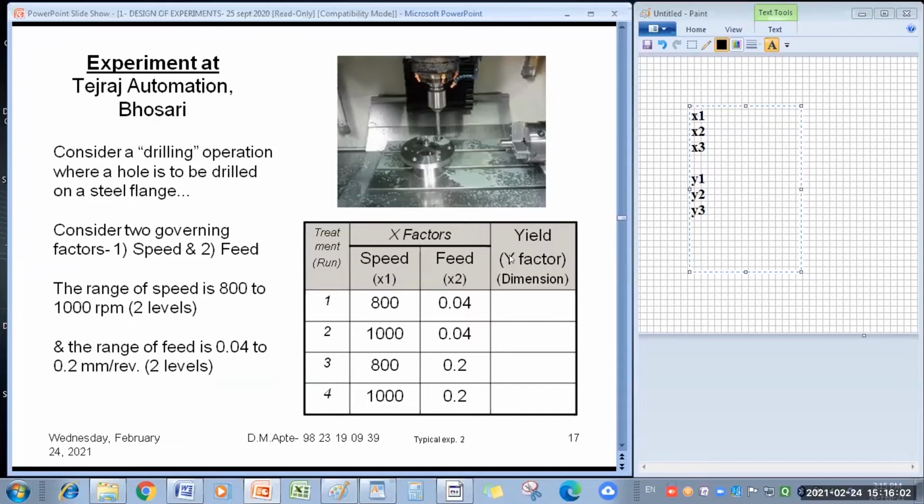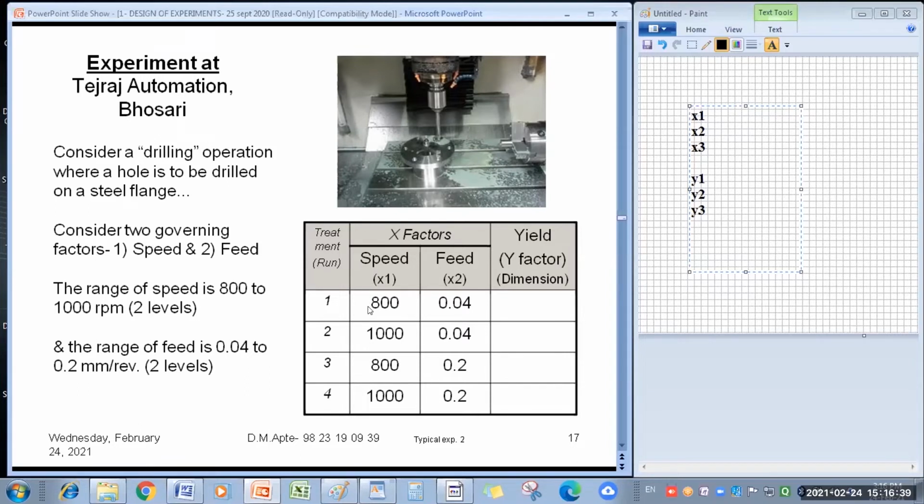In the table, I have put these levels of speed, 800 as well as 1000. I have also put the levels of feed, 0.04, 0.2. Now, in this table, I have made unique combinations of speeds and feeds. There would be a maximum of 4 combinations, not more than 4, if there are two factors at two levels.